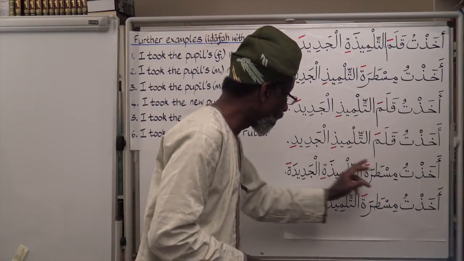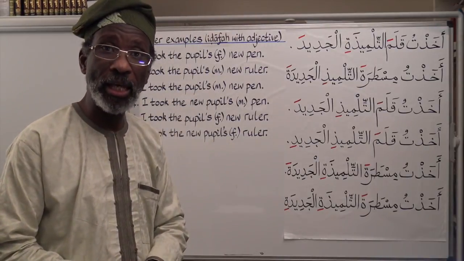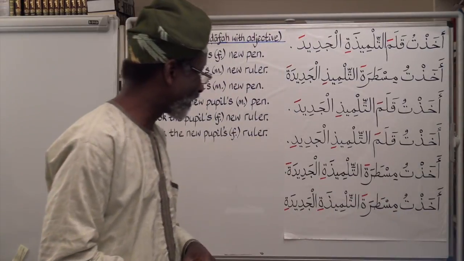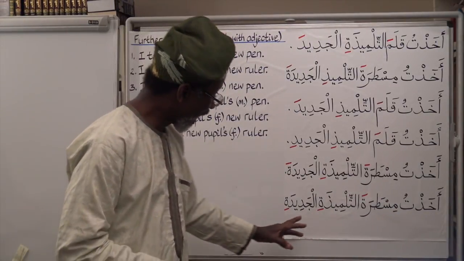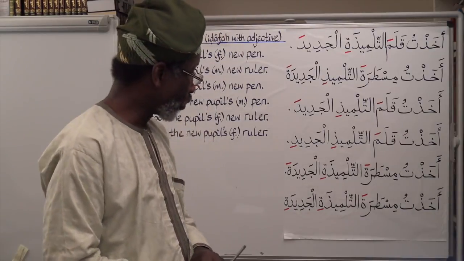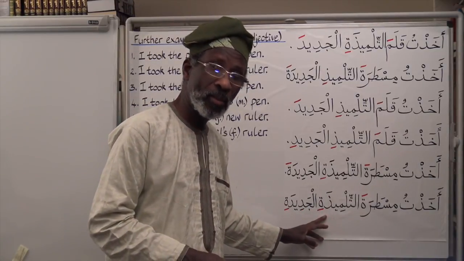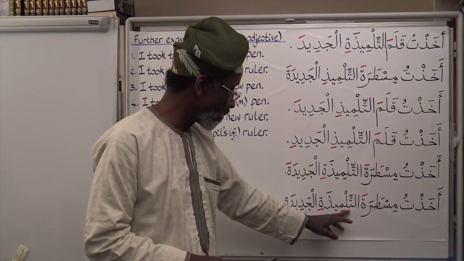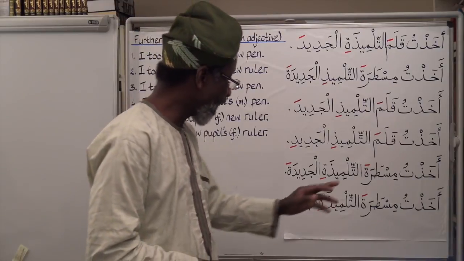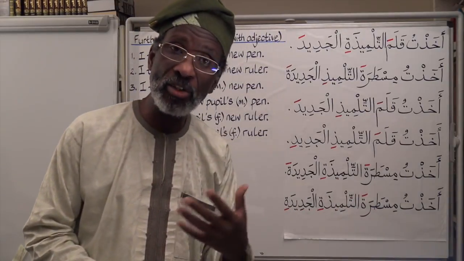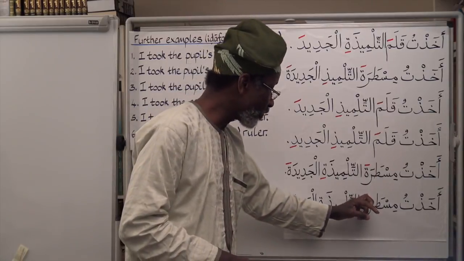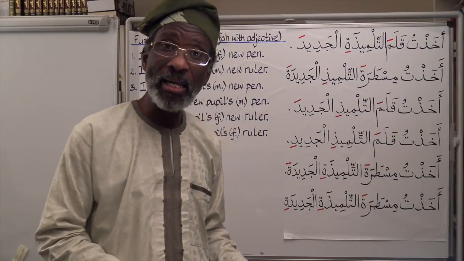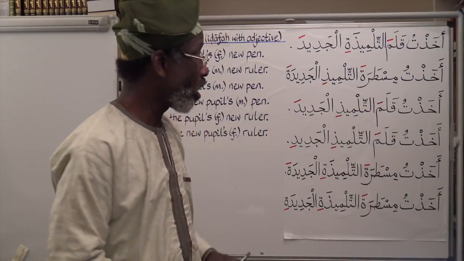So الجديدة belongs to مسطرة, which is the ruler. Last one. أخذت مسطرة التلميذة الجديدة. الجديدة belongs to تلميذة because this is feminine, carrying genitive case ending, and this is feminine, carrying genitive case ending, and مسطرة, although it's feminine and it's defined, is carrying fatha, which is accusative because it is مفعول به, it is the object of the verb.